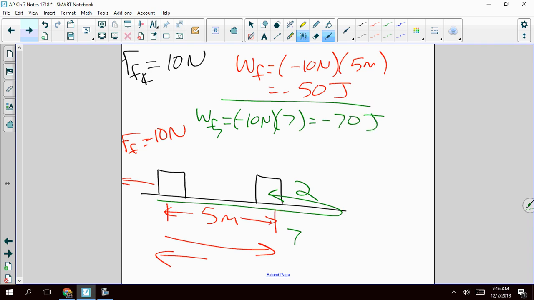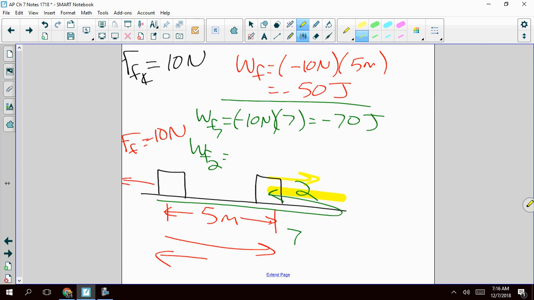And then the work done by friction in coming back the 2 meters, now here's the crux of it. The direction of friction changes now, right? In the last example, gravity was always pulling down. Here, that's not the case. So while I come back the 2 meters, the friction is now positive, because it's going to resist the motion.